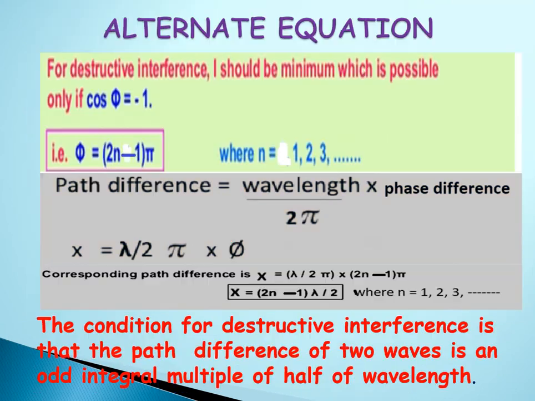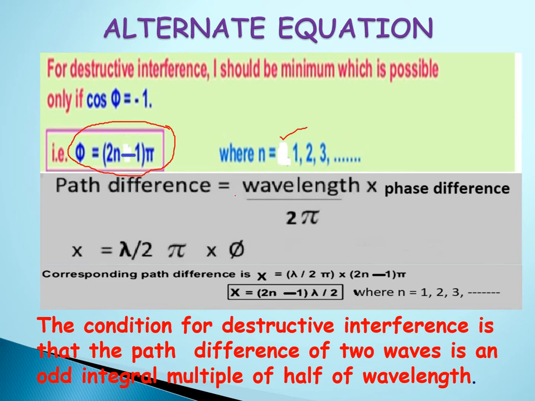Okay. Now children, if you remember, for destructive interference, I have told you phi can be written in two different ways. It can be written as (2n minus 1) pi also, but here n starts with 1. Okay, so we will be applying this also to get an alternate equation, because we will be using it at some places.